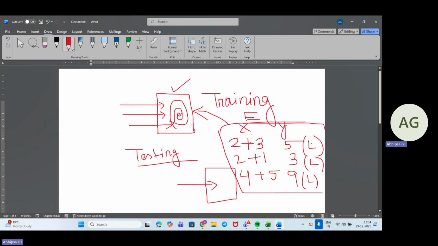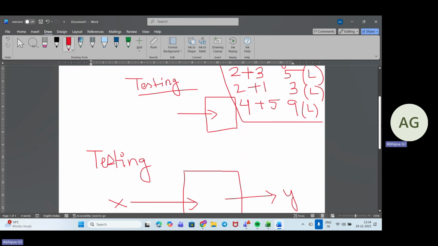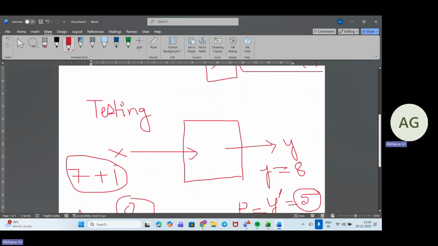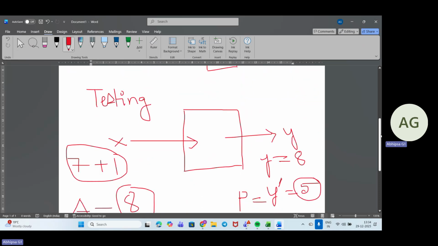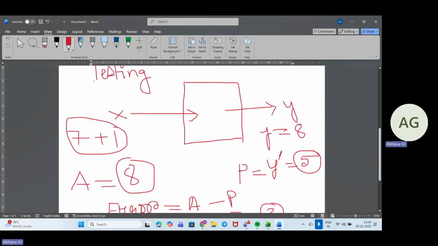Okay. Once the model has trained, we need to check if it has learned accurately. For that, we take a testing phase. In the testing phase, we give the model some unknown data and see what output it gives us in return.